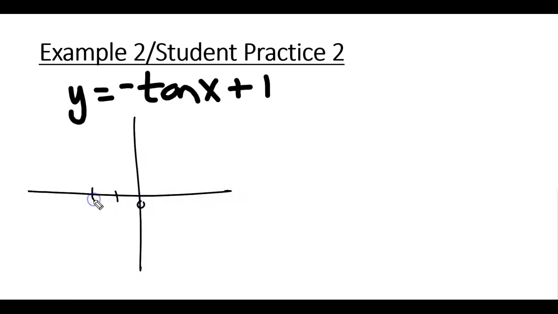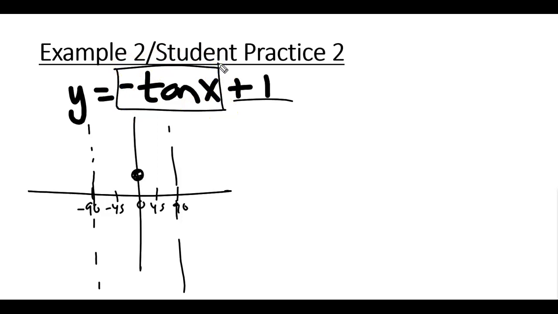We have 2 to the left, 2 to the right. We've got vertical asymptotes here and here. My midpoint is at 0, 1. Now we've got to do the other 2 points. But that's where we look at this thing.